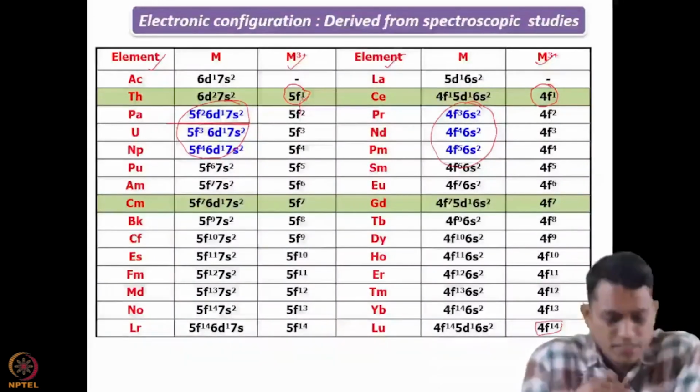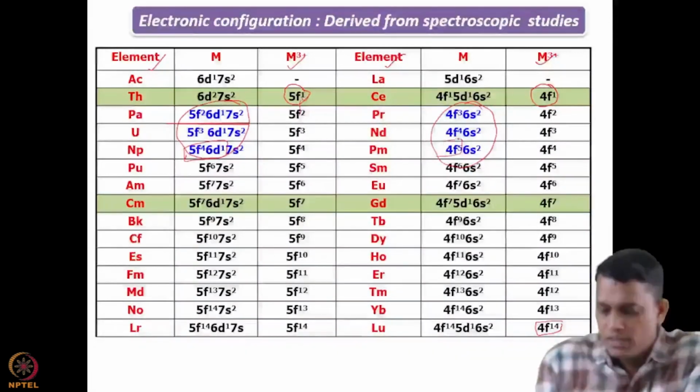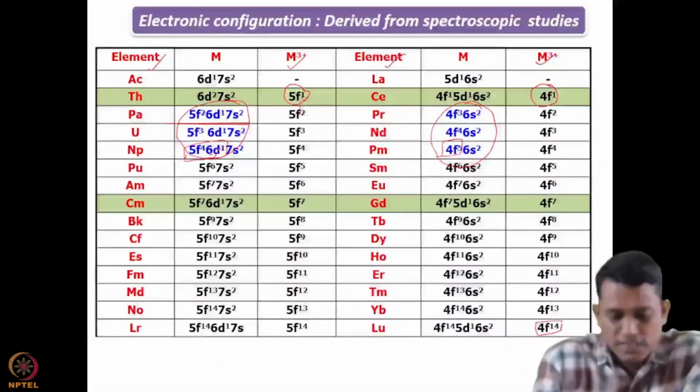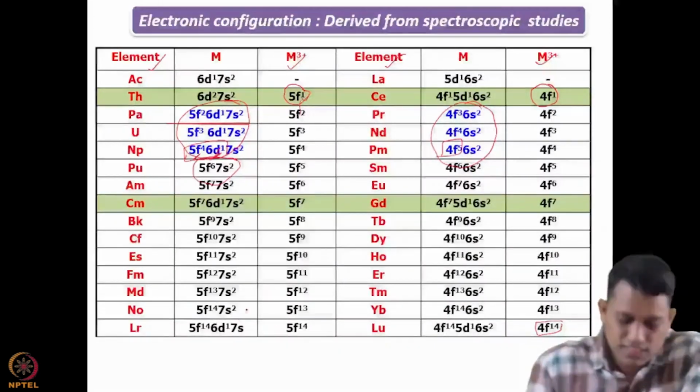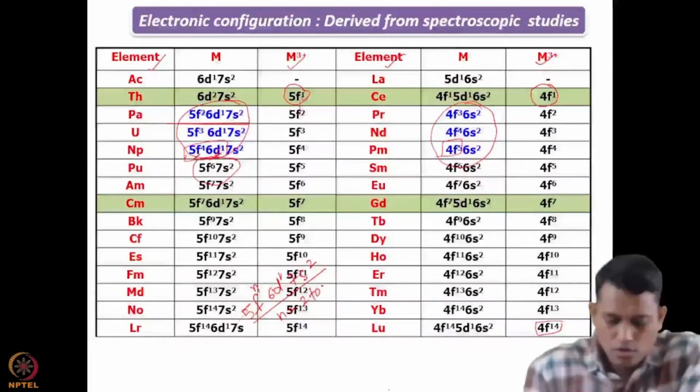Most of these things have already been discussed, so I will not go into the detail. But one thing I want to convey is that there is occupancy of d orbitals, which suggests that the f and d orbitals are close to each other. But after that, the electronic configuration prefers an f^n 7s2 kind of system. For the actinides, 5f, 6d1 and 7s2 is preferred for n equal to 2 to 4.